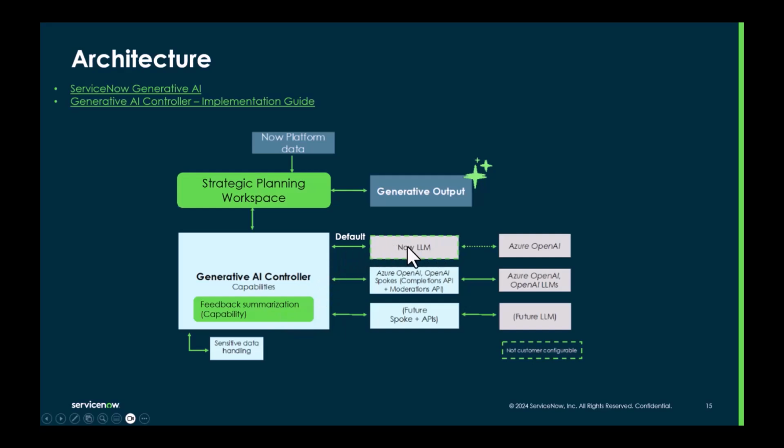In this case, the default is the Now LLM, and then once the request has the response from the model, this goes back to the strategic planning workspace and is presented to the user. So again, it's just a very quick overview of the architecture and data flow for the feedback summarization. Again, for more details on how the controller capabilities are defined and the models to use, please explore those documents that we shared before.